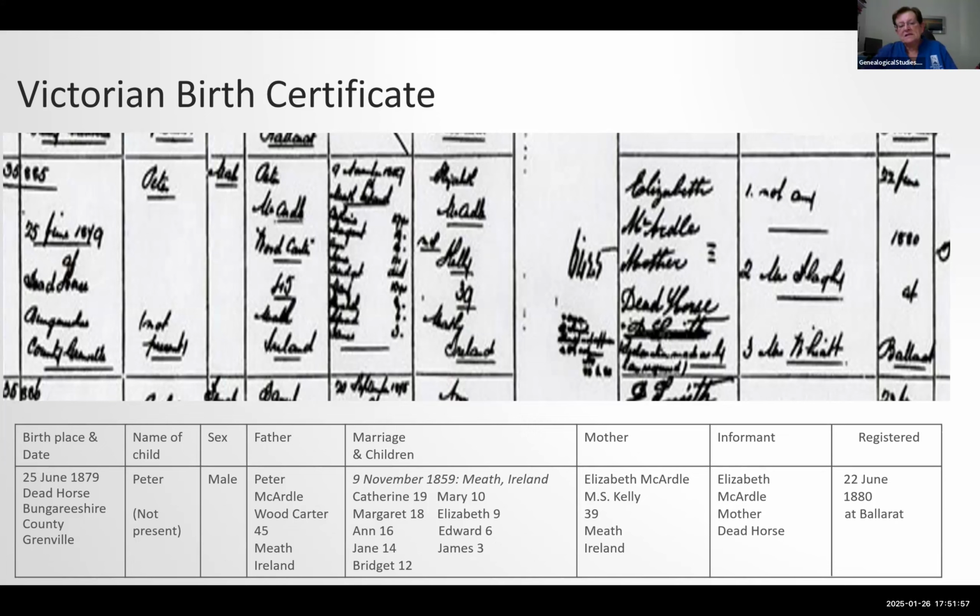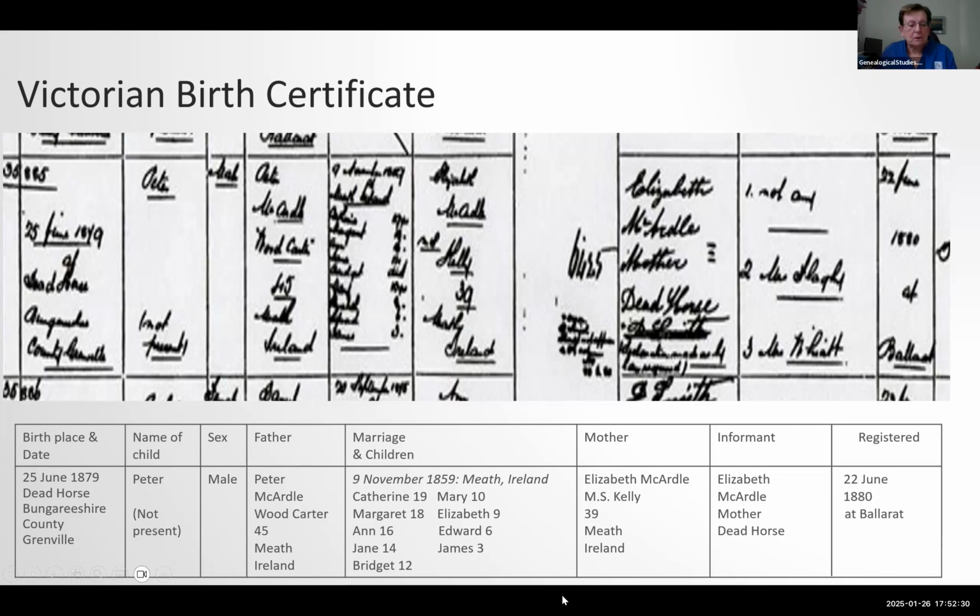So it has taken this family over a year to get to what you would call civilization, in this case Ballarat, to register that birth. They were living out in the country, and it's taken almost a year for the mother to get into Ballarat itself to be able to register that birth. So again, quite a lot of information there.